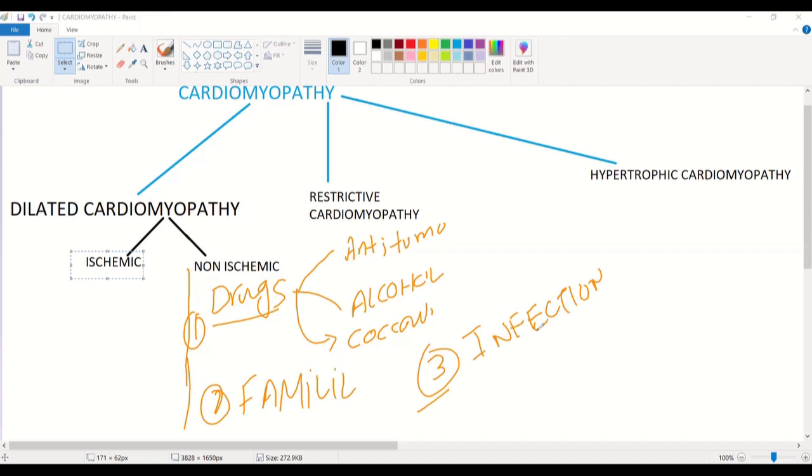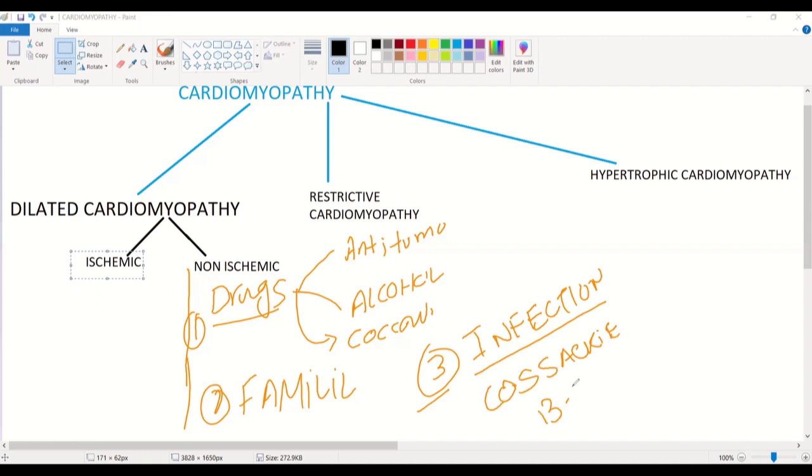Although there are so many infections, Coxsackie B virus is super high yield. Coxsackie B virus also leads to myocarditis. You are absolutely right.